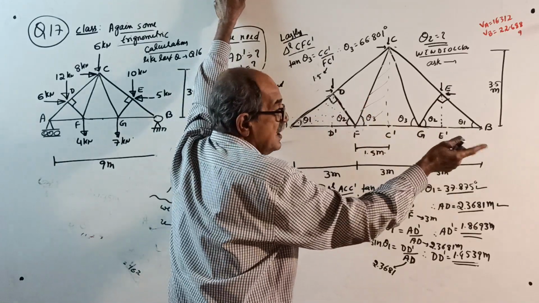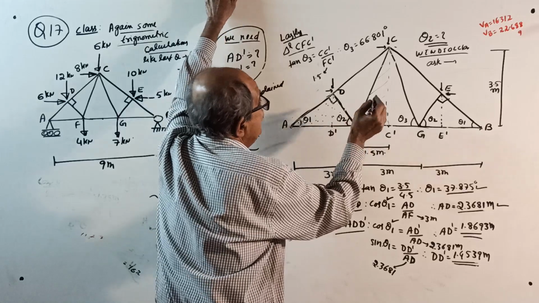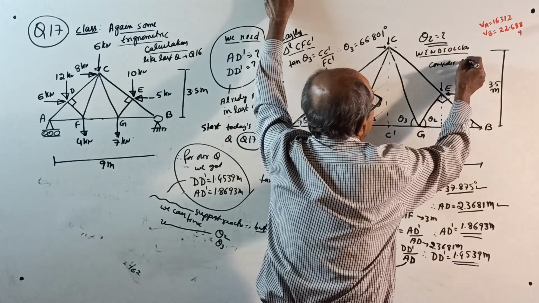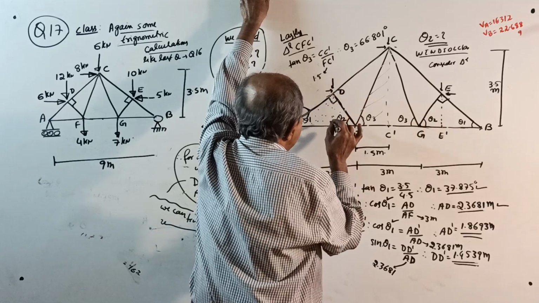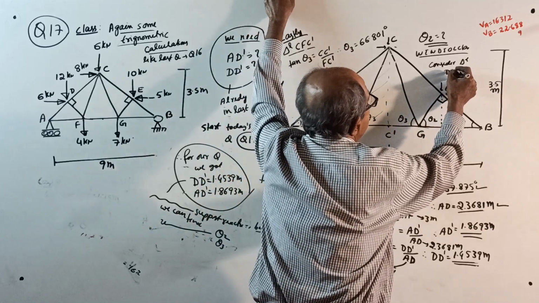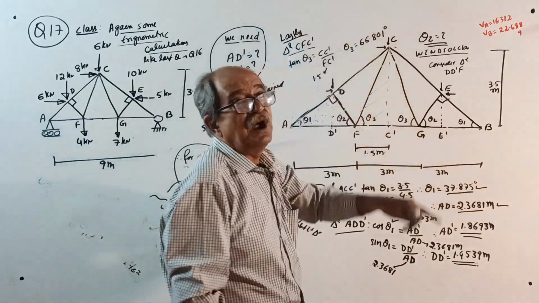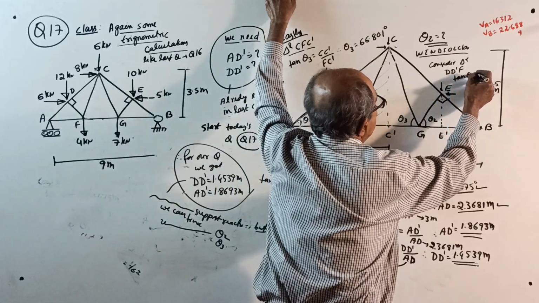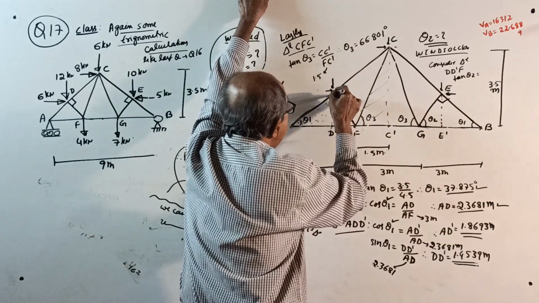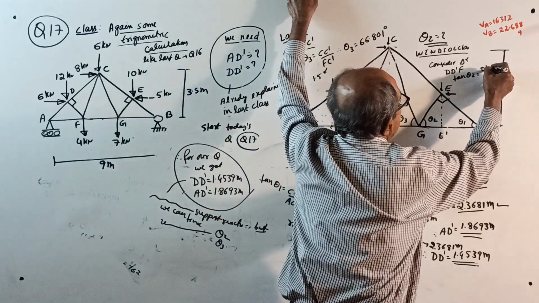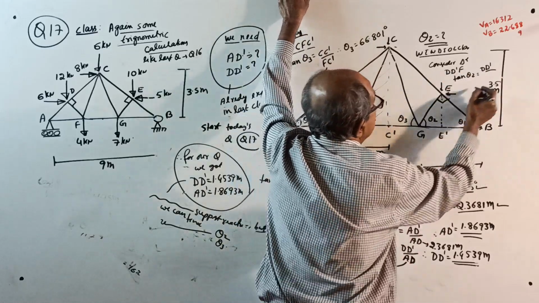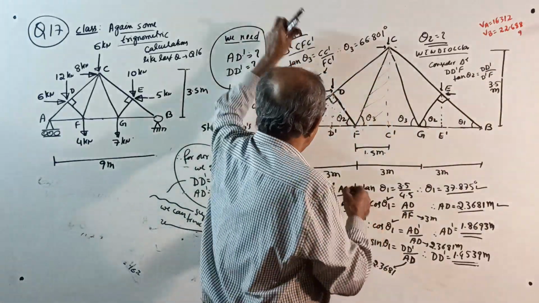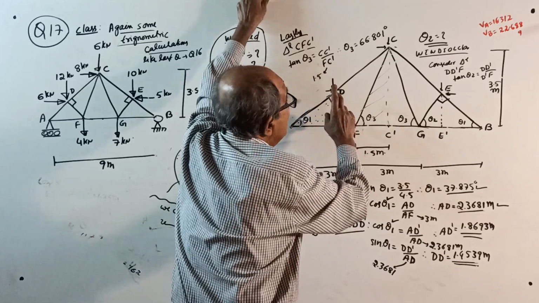Somebody from the class will say, sir, consider the triangle D dash F. That is the same as what you did last time. There, tan theta 2 equals D D dash divided by D dash F. Then I tell the students that D dash F is not known.